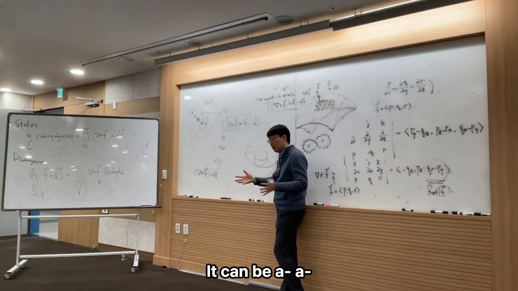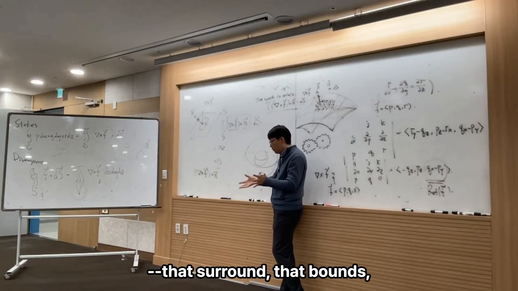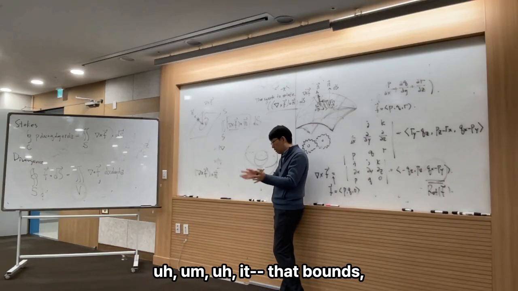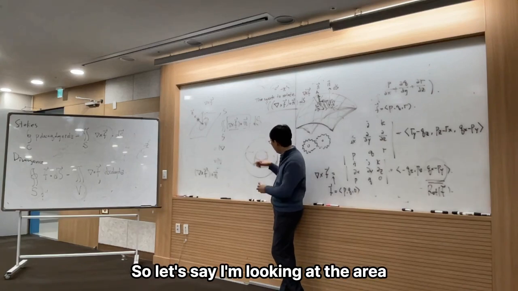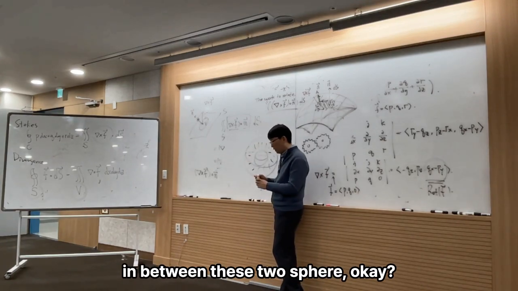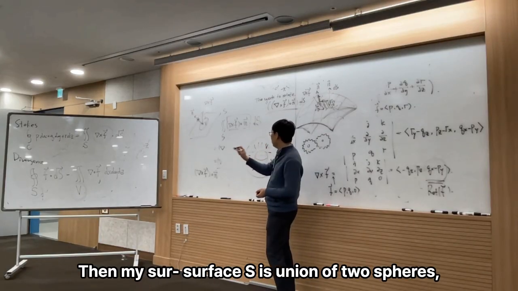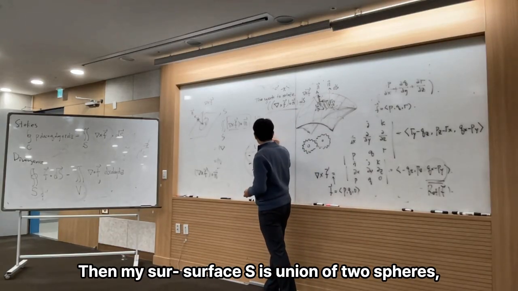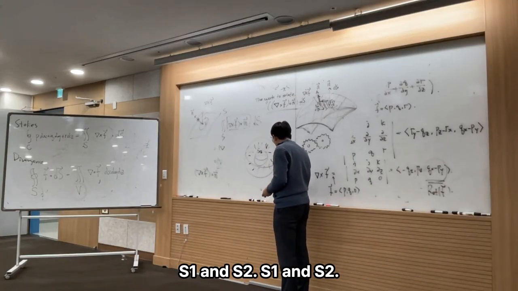It can be a collection or union of surfaces that bound some region. Let's say I'm looking at the region in between these two spheres. This is my V. Then my surface S is the union of two spheres, S1 and S2.